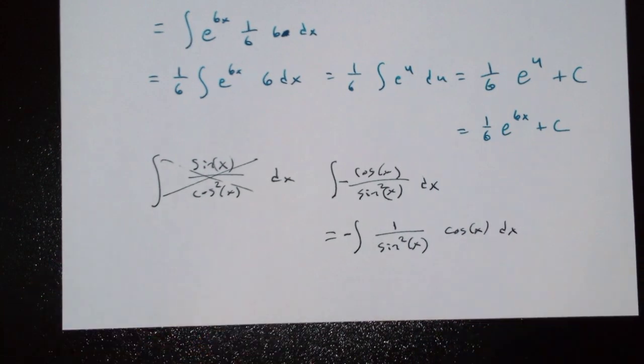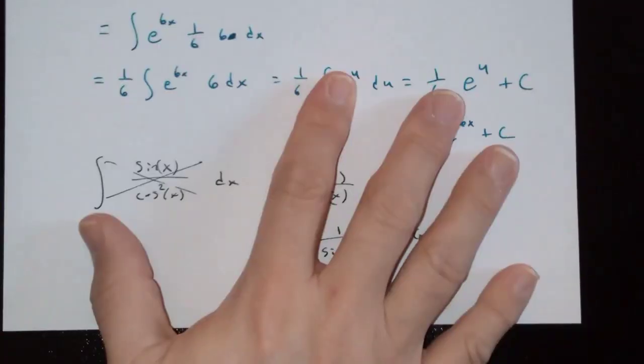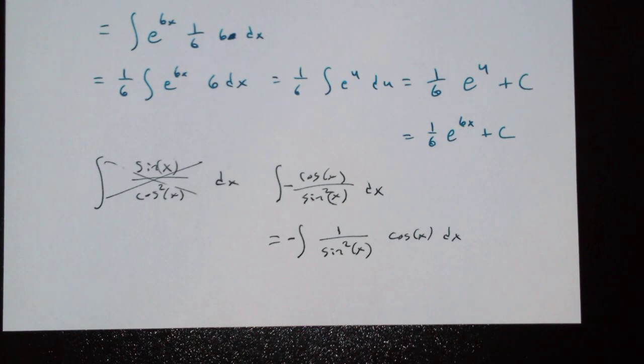I took the cosine off the top, just like we took the x off the top in that x over the square root of 1 plus 4x squared problem back on the top of the page. This time I took the cosine off the top. Why would you do such a thing? Because now there's a relationship between these two parts.